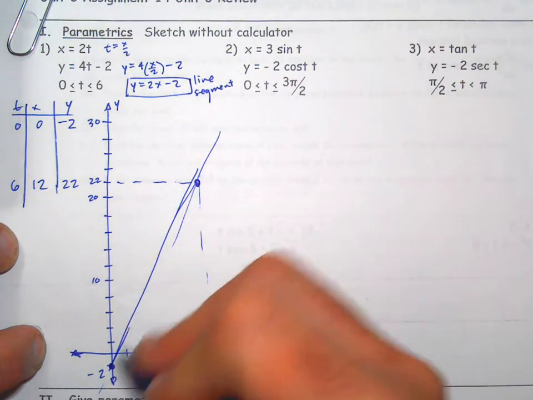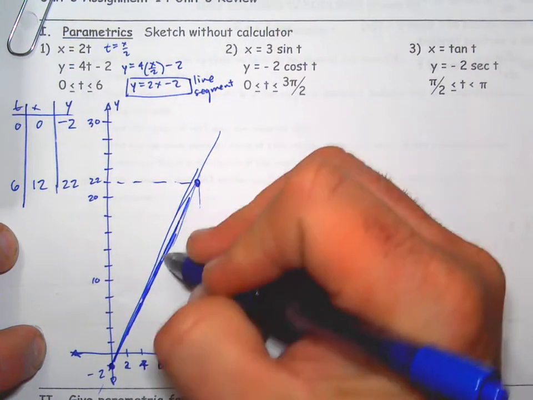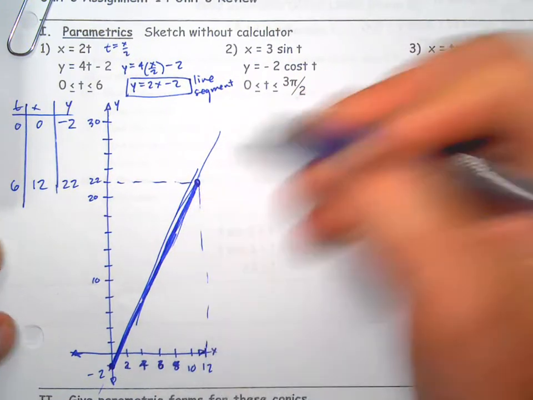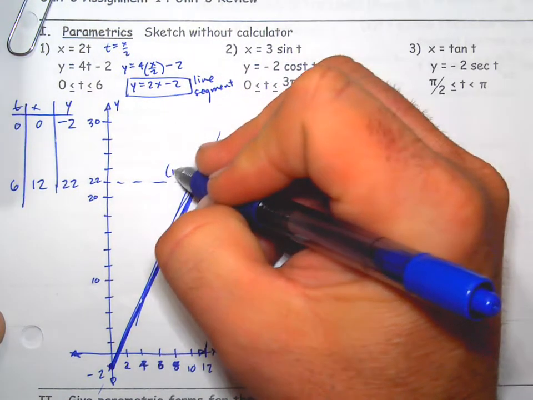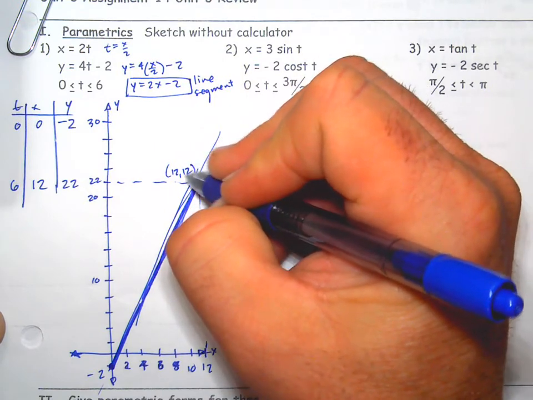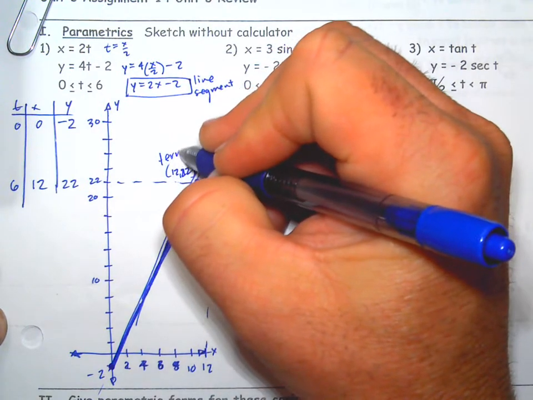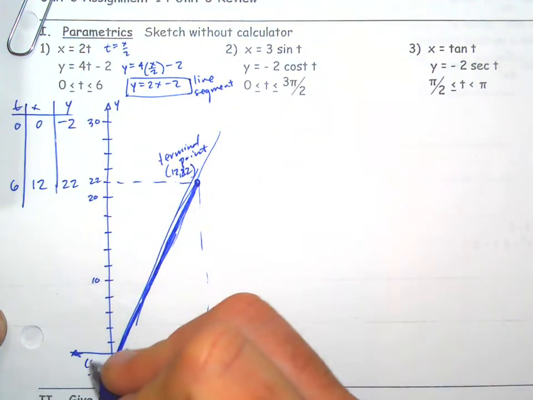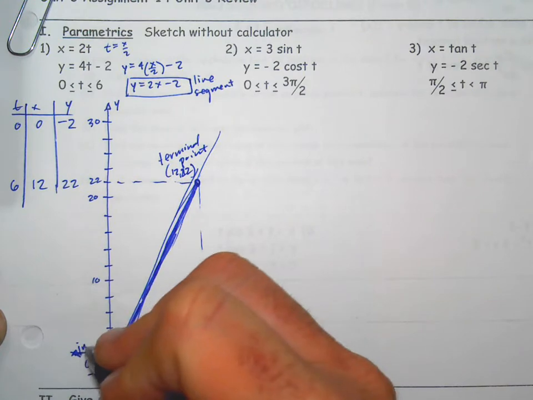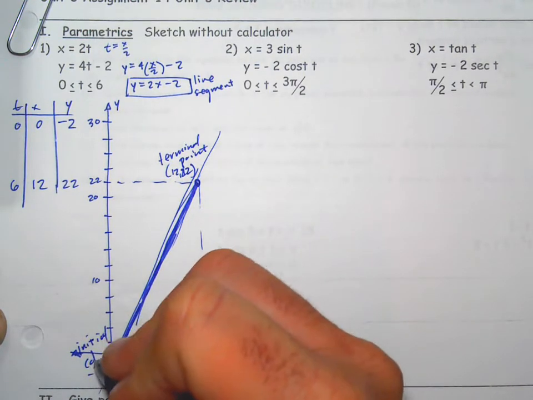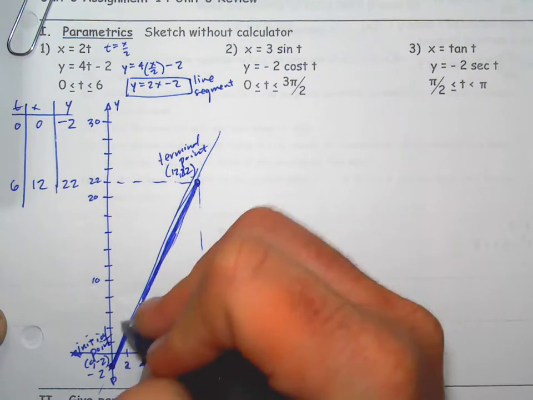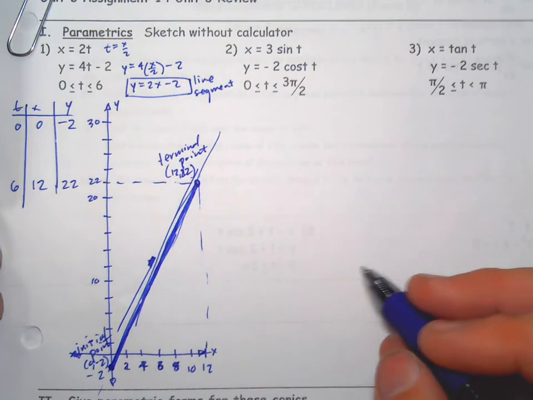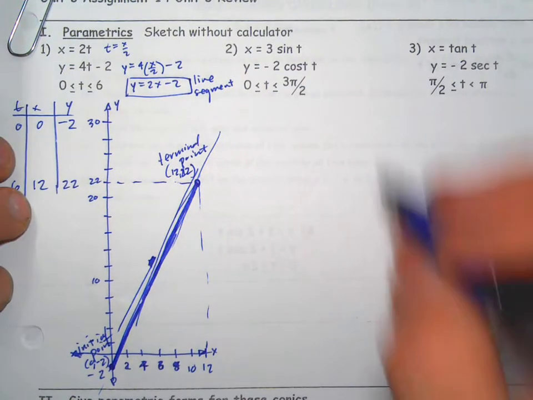It's kind of messy. So there it is. 12, 22. It's your terminal point. And 0, -2 is your initial point. Direction is going that way. So there you go. All right, next one.